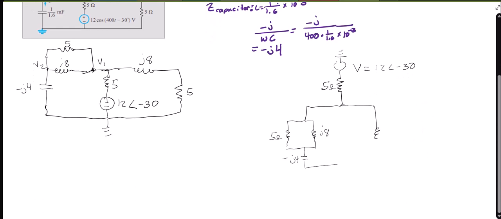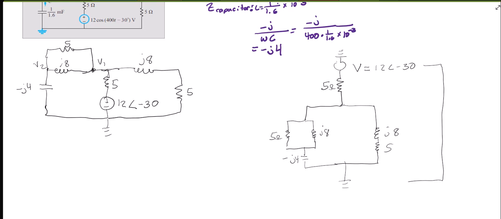And on this side, I have an inductor of J8 and a resistance of 5, and then back to ground. So my total voltage from here to here, if this is 0 and this is 12 angle negative 30, then I am looking for the voltage right here, V1, and also the voltage right here, V2. Those are the two places I'm looking for my voltage.